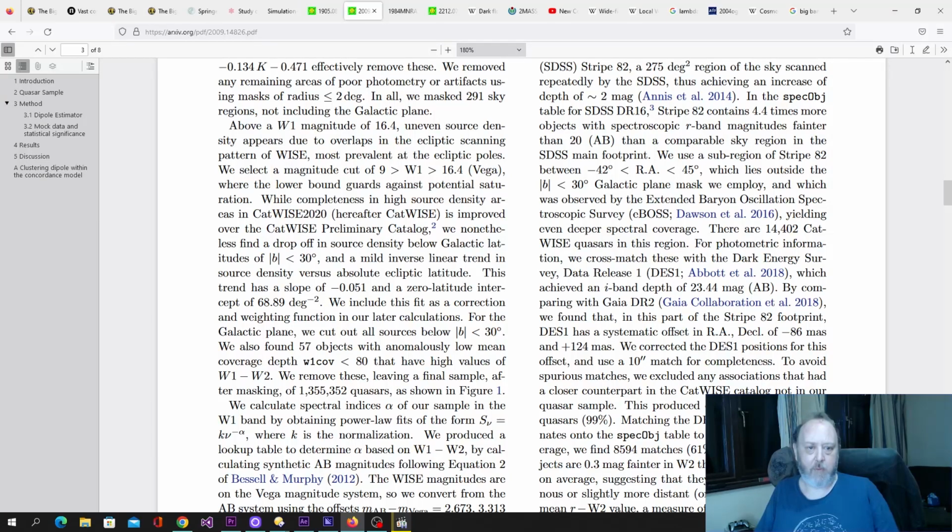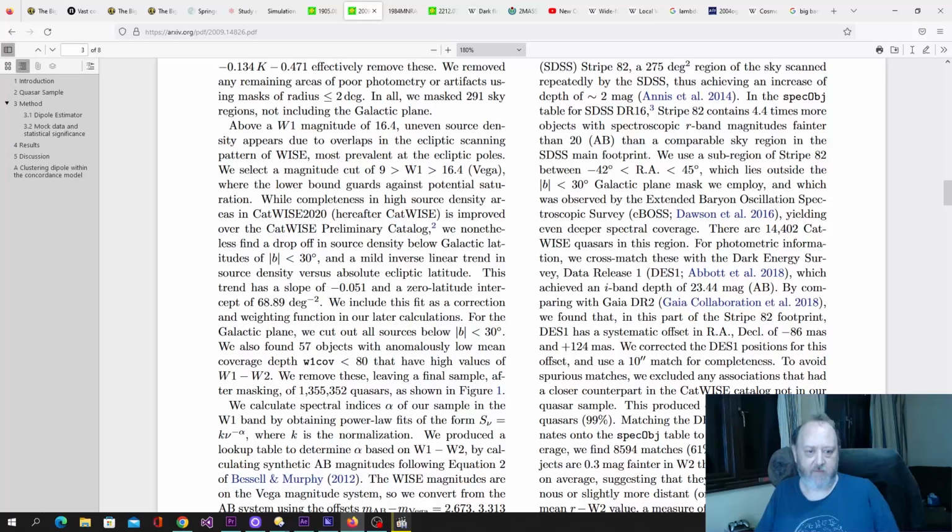Above a W1 magnitude of 16.4, uneven source density appears due to overlaps in the ecliptic scanning pattern of WISE, most prevalent at the ecliptic poles. We select a magnitude cut, so a particular cut from one section of the data set, where the lower bound guards against potential saturation, while completeness in high source density areas in CatWISE 2020, hereafter CatWISE, is improved over the CatWISE preliminary catalogue.